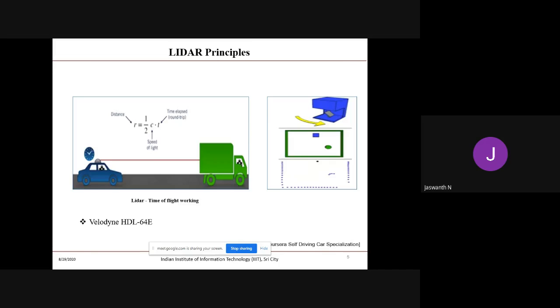And this entire thing is called the round trip time. So basically, to know the distance, that is r, you multiply the speed of light c by the round trip time.